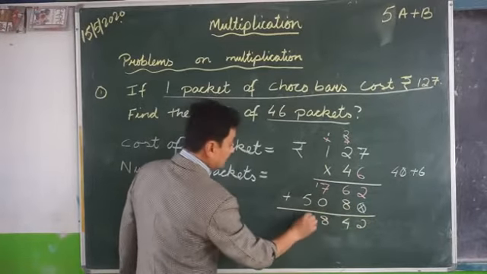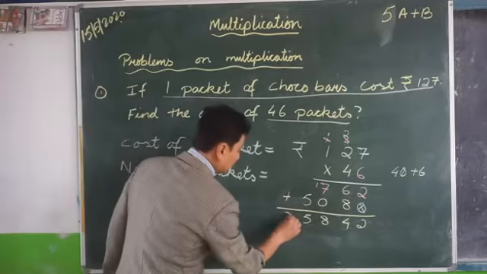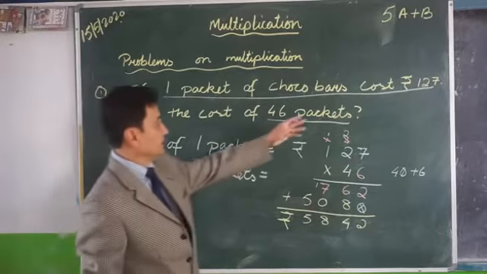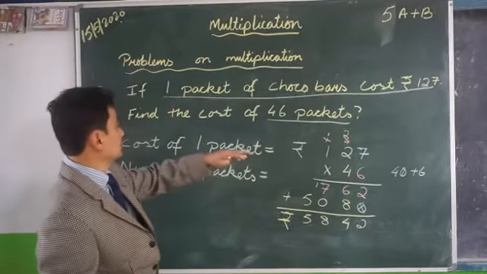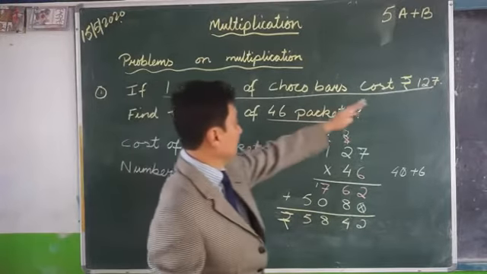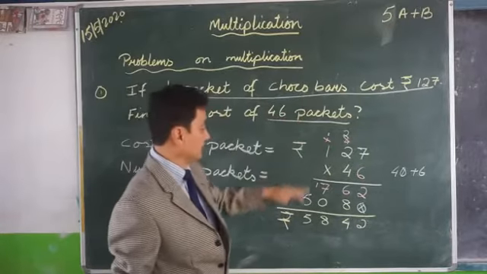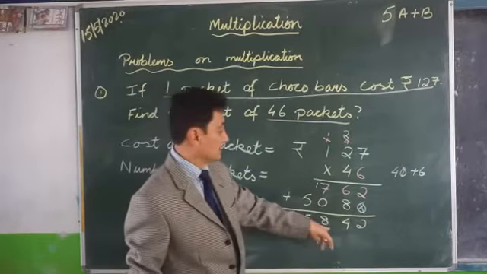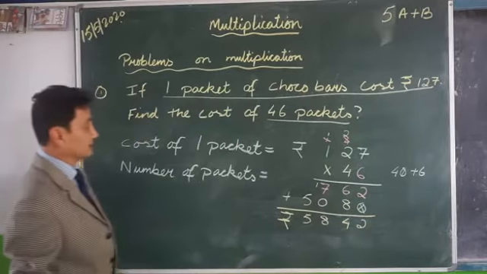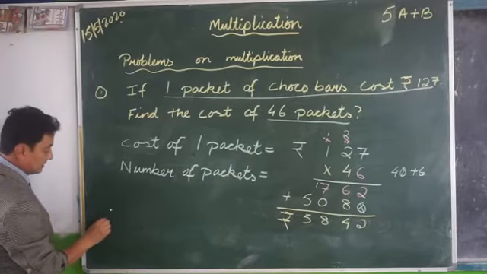And bring down 5. Because we are finding the amount, it's rupees. So the answer: one packet costs 127 rupees. So the cost of 46 packets will be 5,842 rupees. So you must write this in a sentence. I told you last week, therefore.